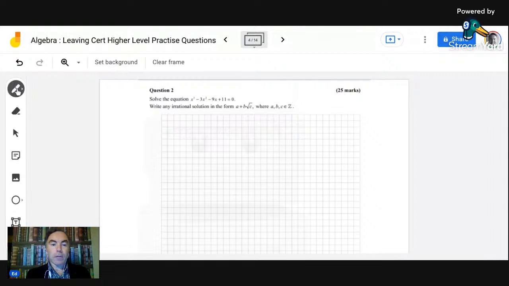So let's look at the factor theorem first of all. Whenever you have a cubic and you have a solution and factors, let's describe the factor theorem, because it will give us the governing equation and it will make sense. In the Junior Cert, you have two factors which will multiply to give you a quadratic.